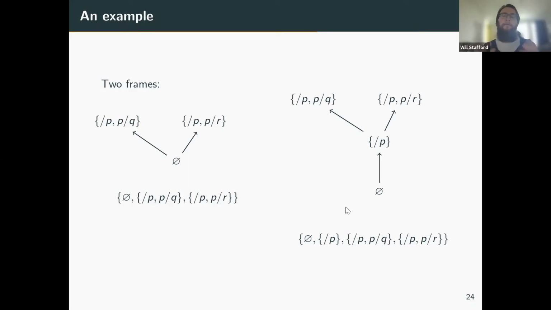That seems like one of the things that's missing from the initial system. And because these arrows are subsets, we don't get to pick what the relation is, and we end up with a proof-theoretic system that looks like this.